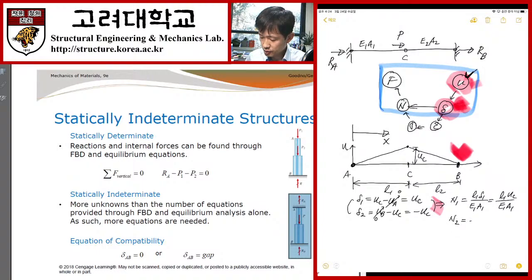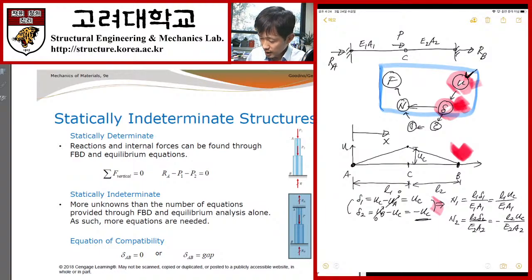By the same logic, this is E2 A2 over L2 times the elongation of segment 2. The elongation of segment 2 is given by minus the nodal displacement of point C, which was the displacement compatibility condition. So N2 is minus E2 A2 UC over L2. Is it clear, right? So we just calculated the internal forces.